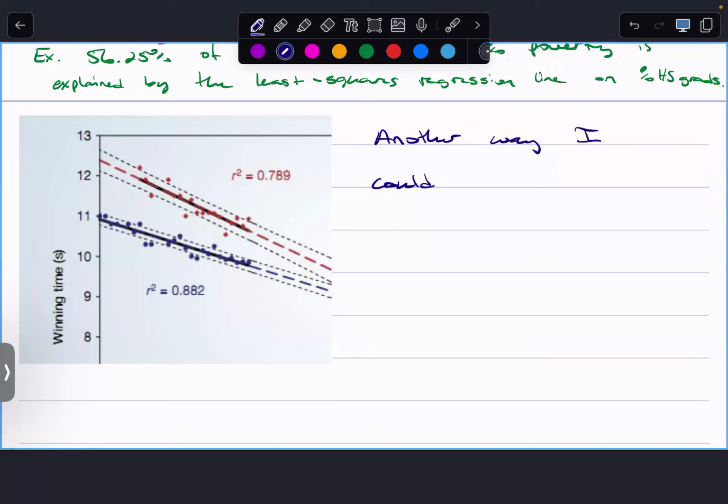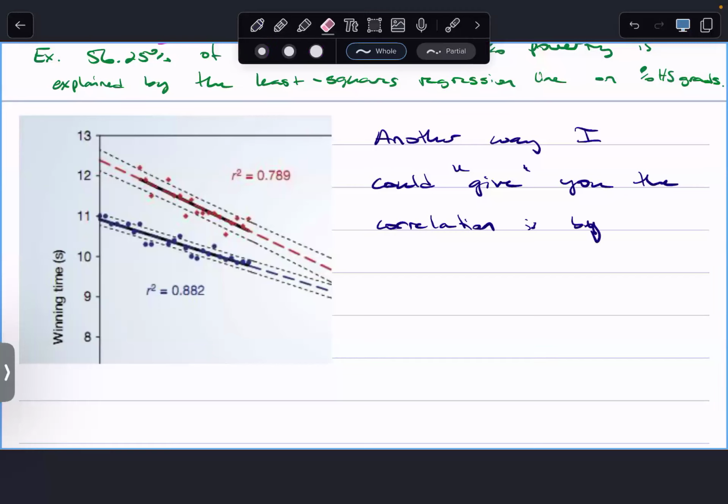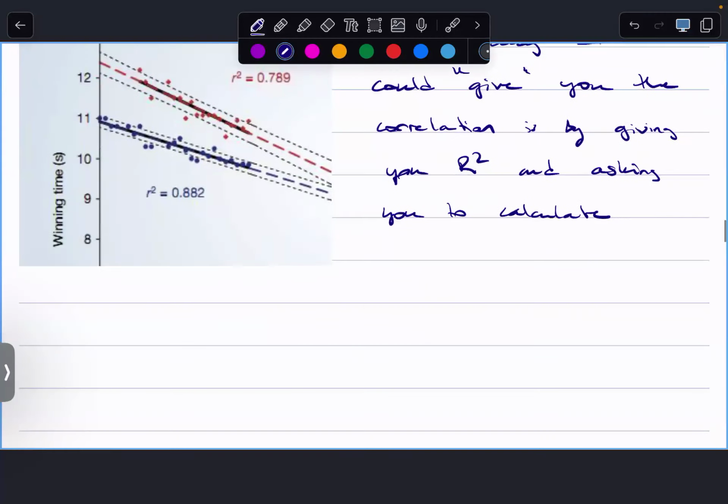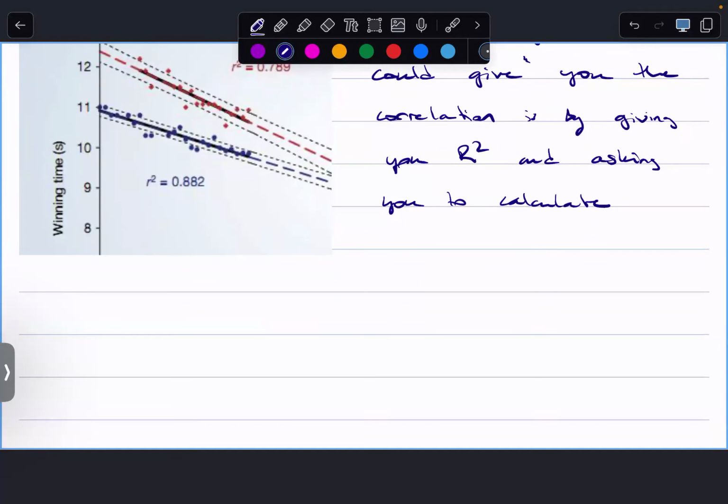Another way I could give you the correlation is by giving you R squared and asking you to calculate the correlation.